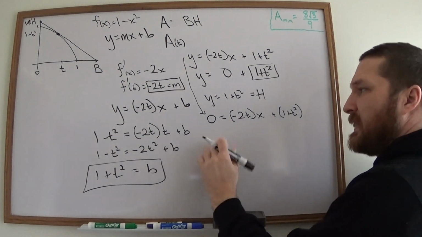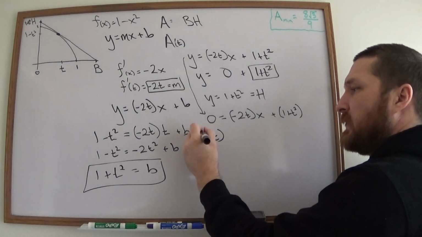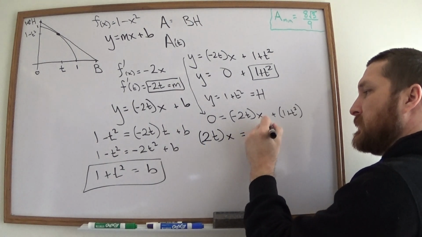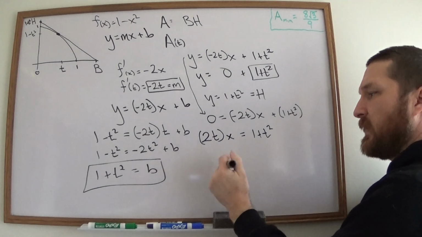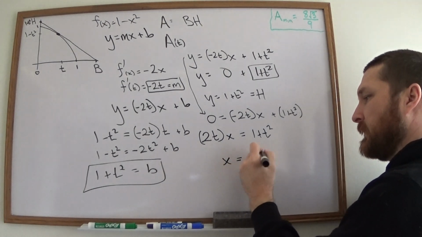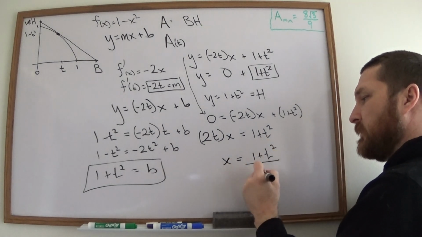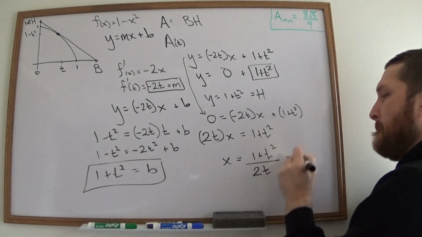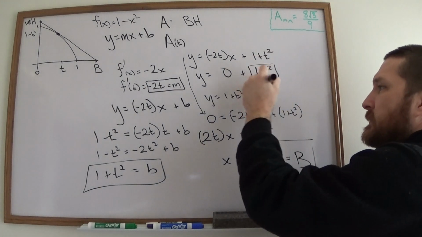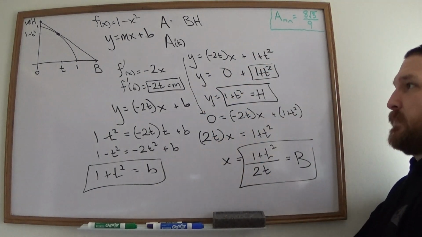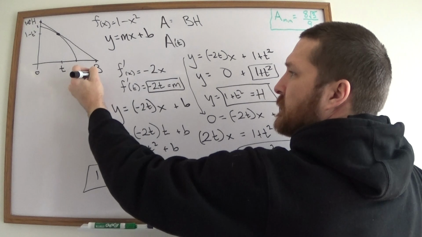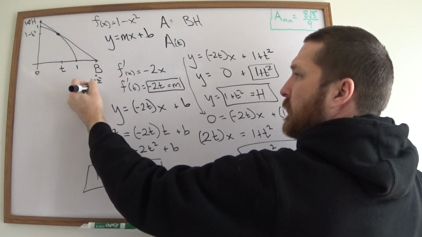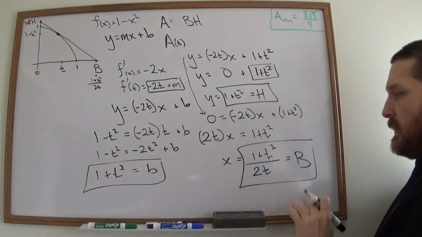So I'm going to bring this guy over and say 2t times x equals 1 plus t squared. Solving for x gives me x equals 1 plus t squared over 2t. And that is my b right there. There was my h, there was my b. So this was 1 plus t squared over 2t, like that.